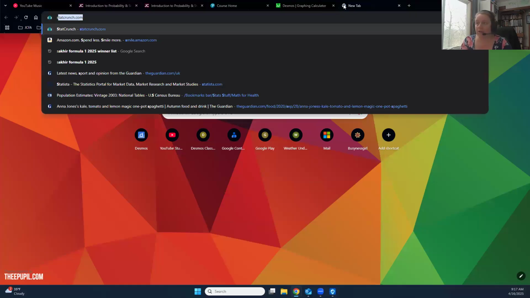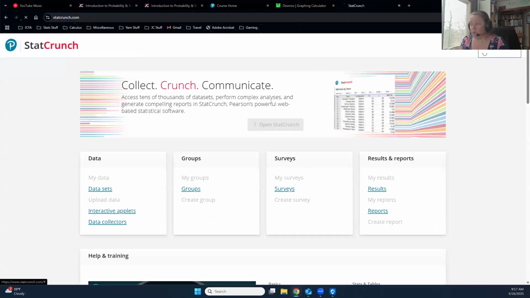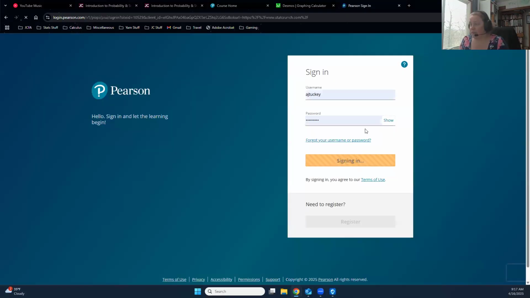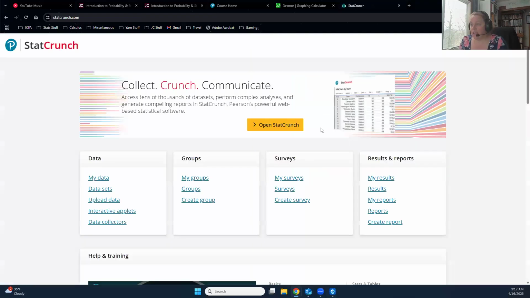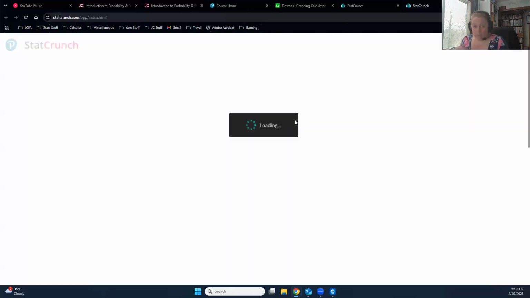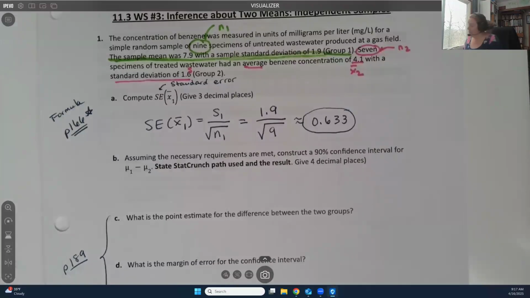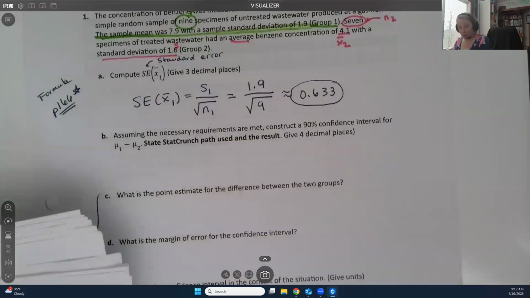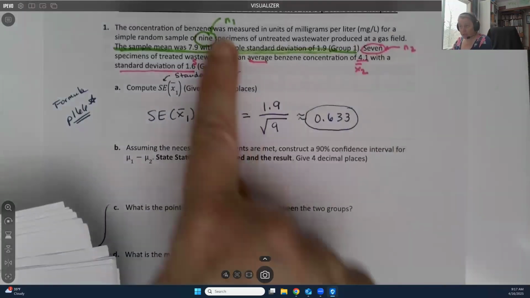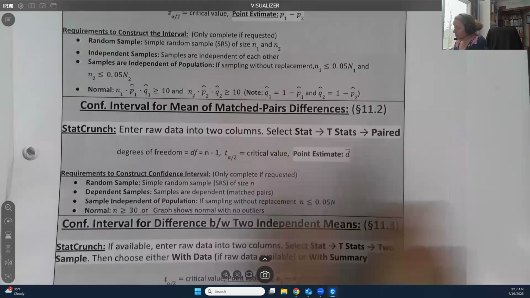So here, hold on. If I go to StatCrunch, I've got to sign in real quick. Now this is actually going to help us with the next part anyway. So when we want to figure out what we're doing down here, these are two separate groups, right? These were two separate samples, and we're talking about the averages.